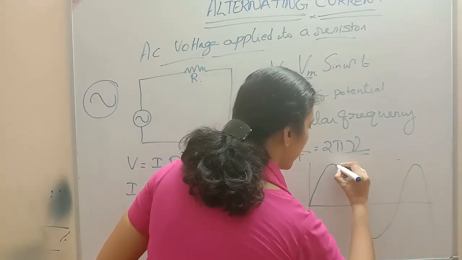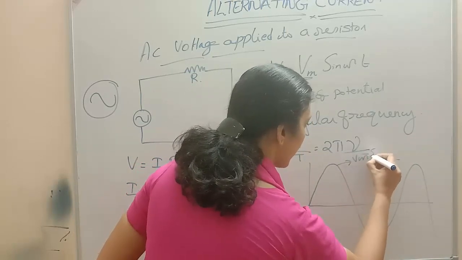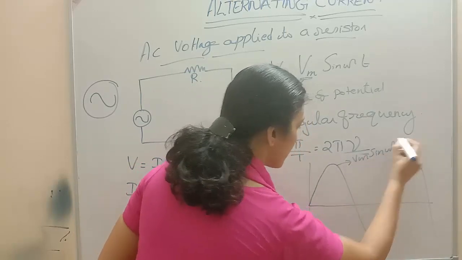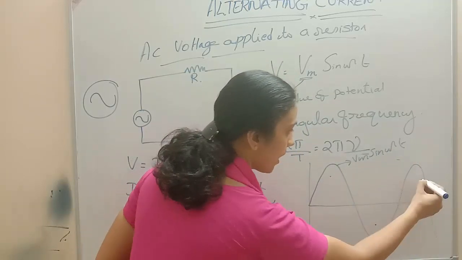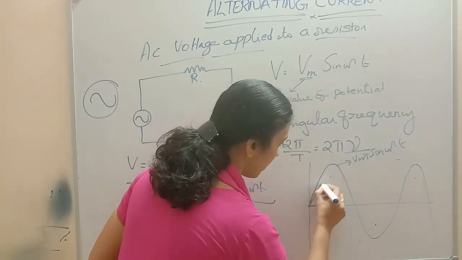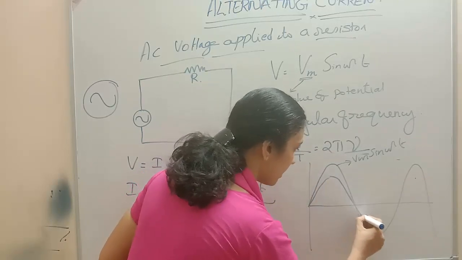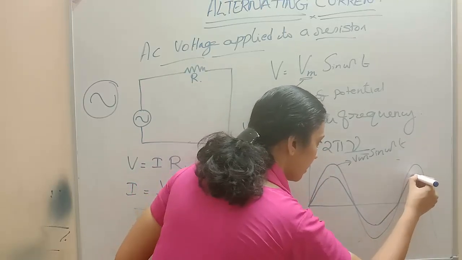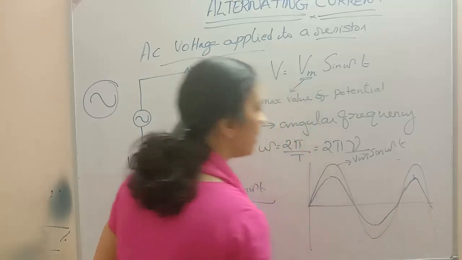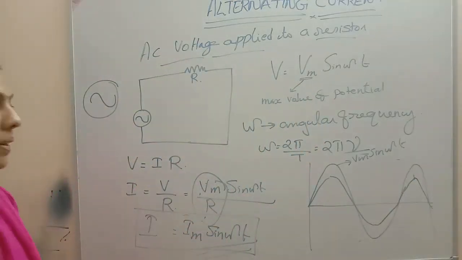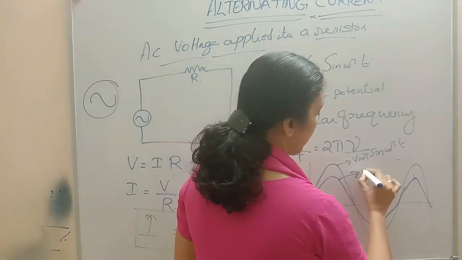If this is Vm sine omega t, then I can be represented with 1 by R times, in this manner. Clear?